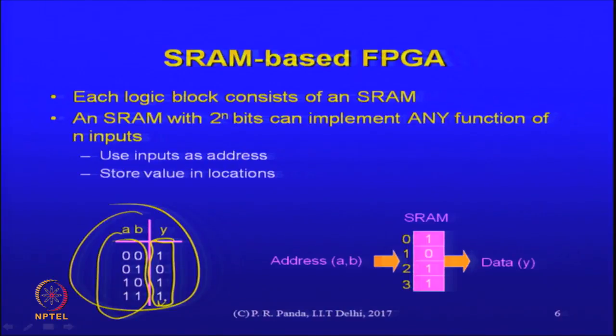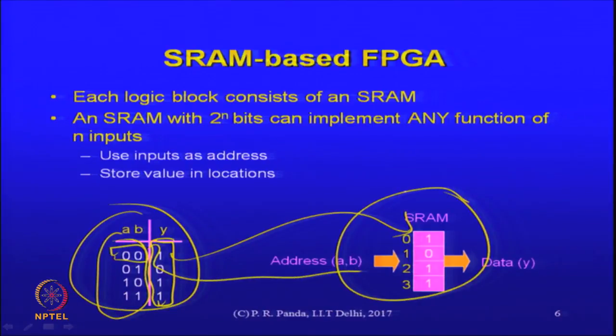Why? How would you perform it? If I gave you some memory and asked you to build any function of 2 inputs, 2 bits, how would you do that? Yeah, that column just needs to be stored in the SRAM, that is all, and the inputs are just the address.